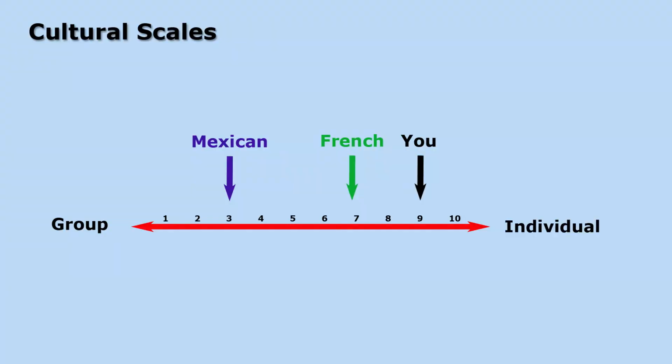Now let's say you have another colleague coming in, and this colleague, for example, is a French person. The score of the French colleague is 71. So what does it tell you now if you have the Mexican colleague, the French colleague, and then your scores? You can compare and you can contrast the numbers with each other.